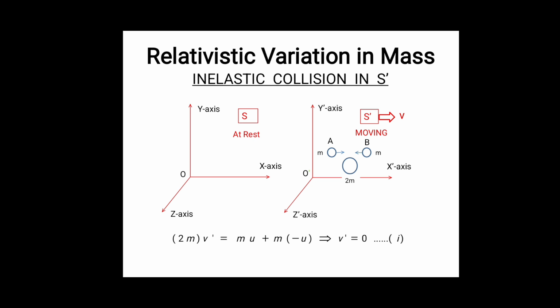If the combined mass 2m moves with speed v dash after collision, then by conservation of momentum, total momentum after collision must be equal to total momentum before collision. That means 2m into v dash must be equal to m u plus m into minus u. This gives us v dash equal to 0. That is, the combined mass remains at rest with respect to the moving frame of reference S dash.